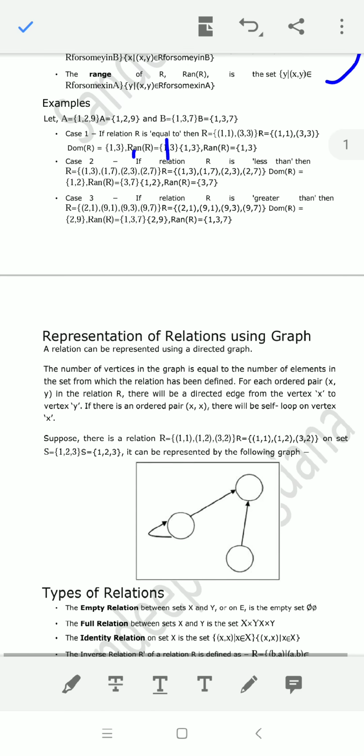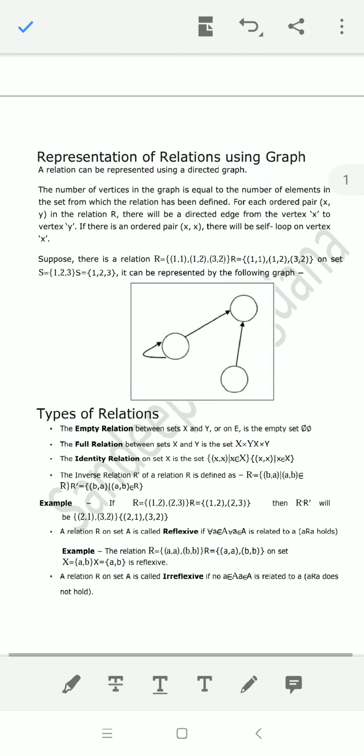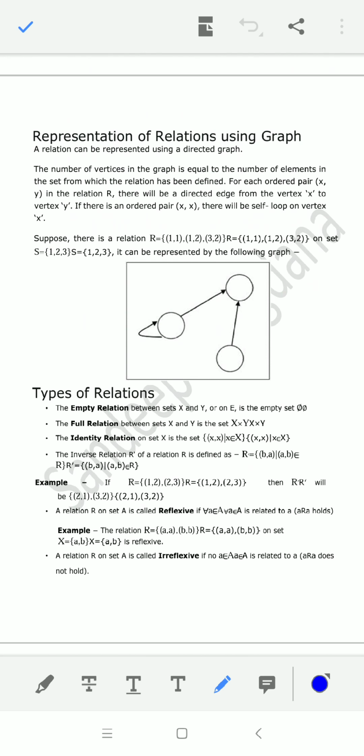Next is representation of relations using graphs. A relation can be represented using a directed graph. The number of vertices in the graph is equal to the number of elements in the set on which the relation has been defined. For each ordered pair (x, y) in the relation R, there will be a directed edge from vertex x to vertex y.